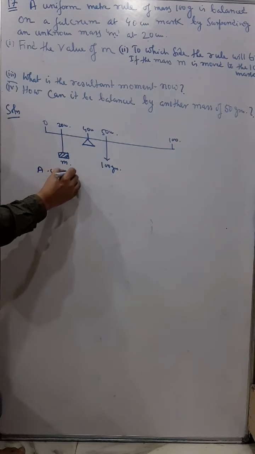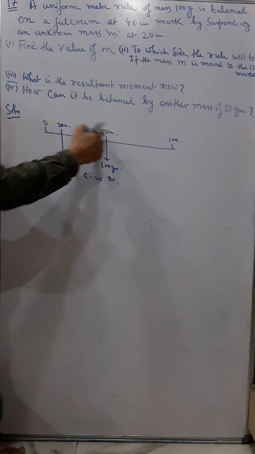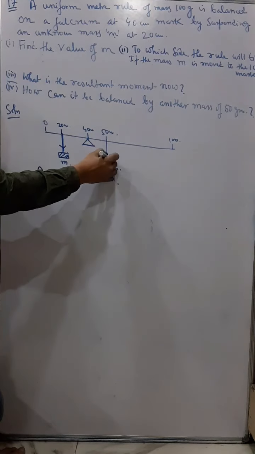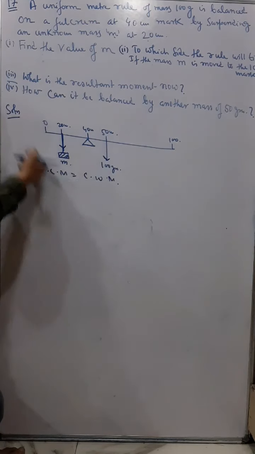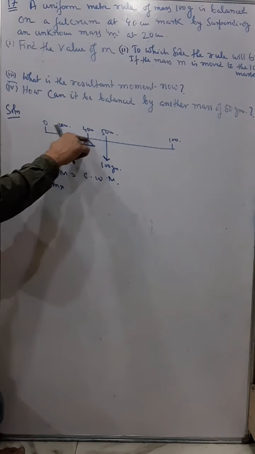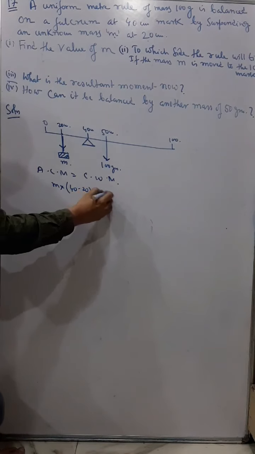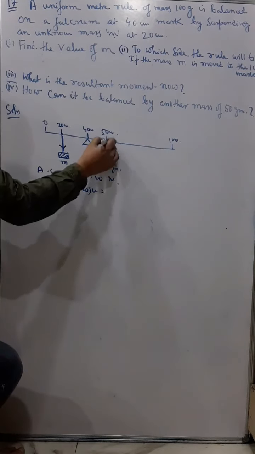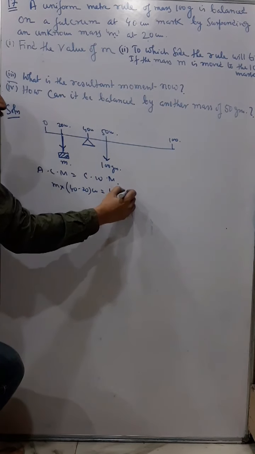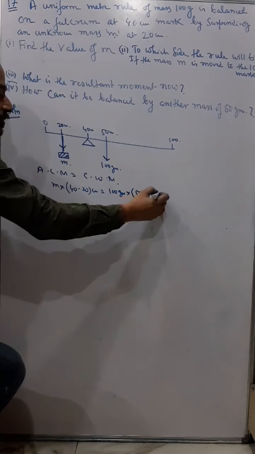Anti-clockwise moment is equal to clockwise moment. Due to this force, it is anti-clockwise, and due to the weight of the meter rule, this is clockwise. So the anti-clockwise moment will be m into this distance, 40 minus 20 centimeter, and the clockwise moment will be this 100 gram into 50 minus 40 centimeter.